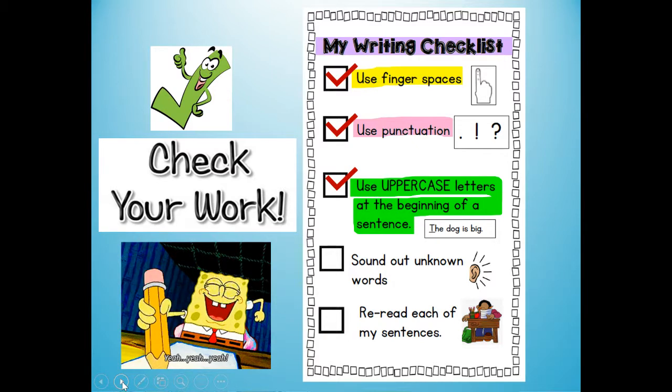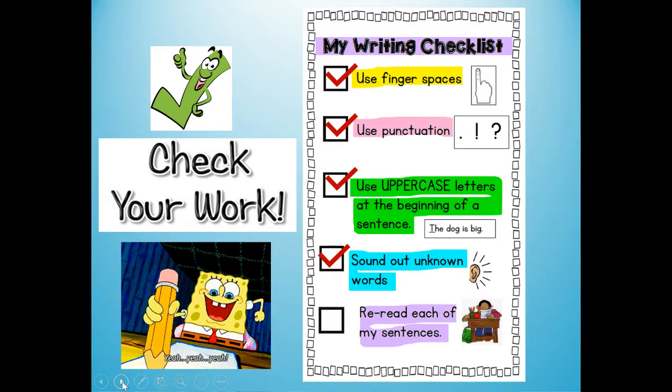Did you sound out unknown words? Write the sounds you hear. And my favorite, did you reread each of your sentences? Make sure you reread each of your 4 sentences to make sure they make sense. If they don't, add words or take words out. So this is a good time to push pause and check your writing with the writing checklist. And when you're done, push play.